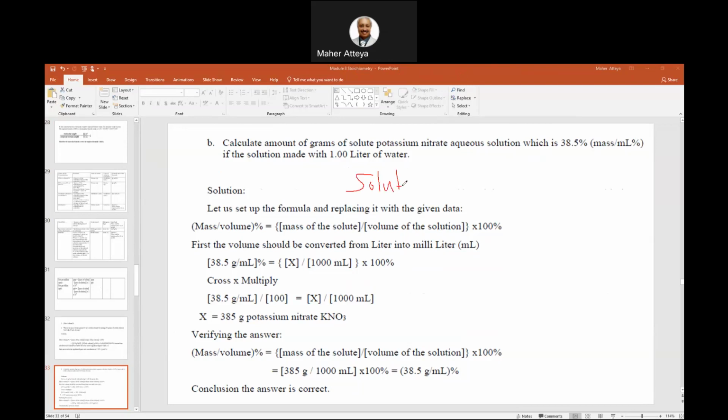Yeah, you tell me it's made of solute and solvent, correct? This is the definition of a solution. Solvent is the large amount, correct? Large amount.